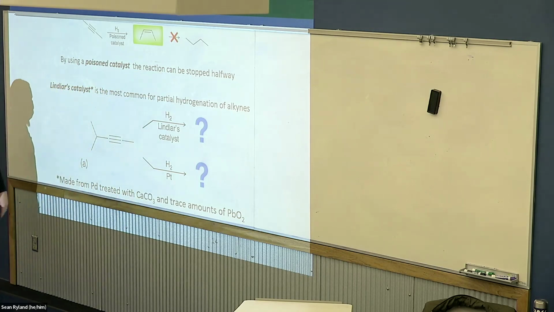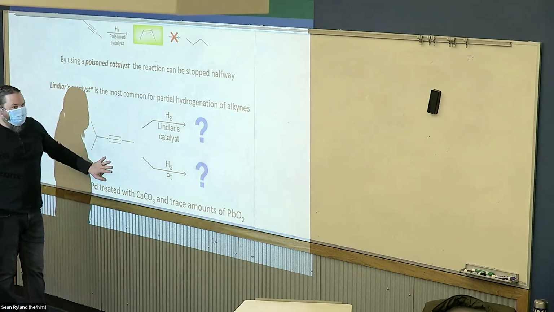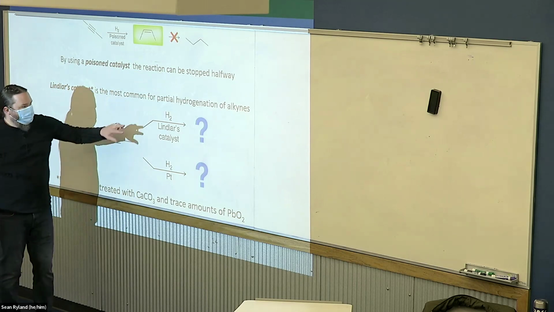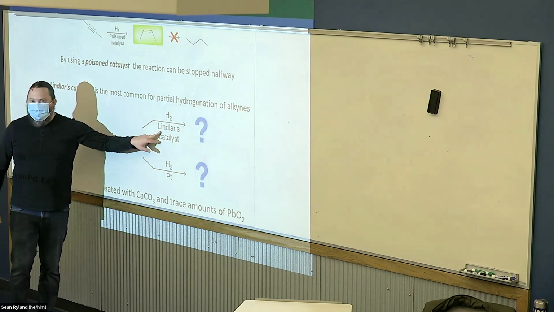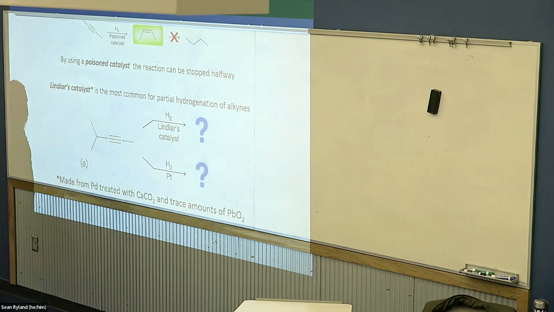So the most common one, and I had it wrong, I think I said Raney nickel, which is a different one. Lindlar's catalyst is the poison catalyst that gets used. I believe it has nickel in it, it's an alloy, a couple different metals mixed together. Oh wait, here it is.